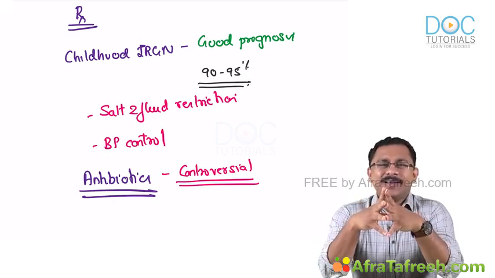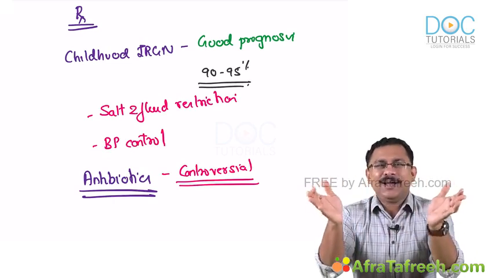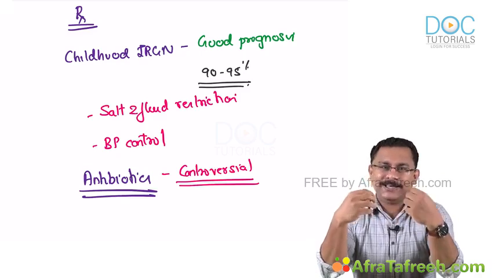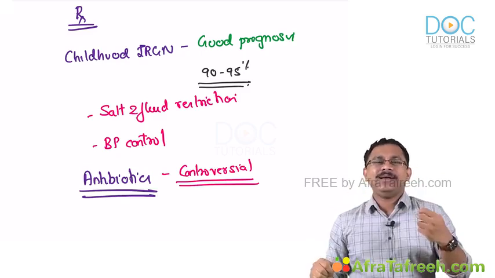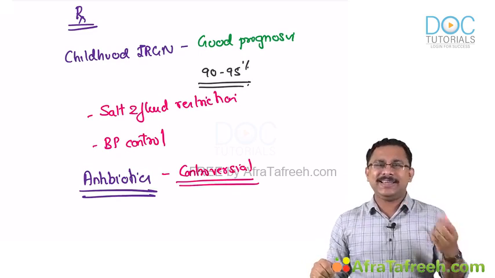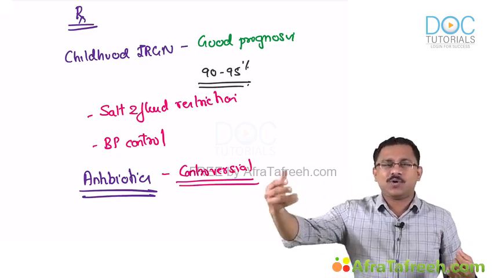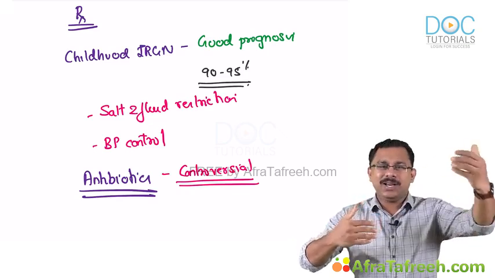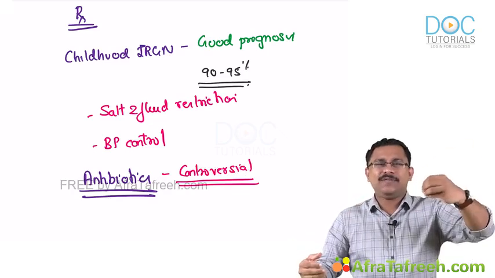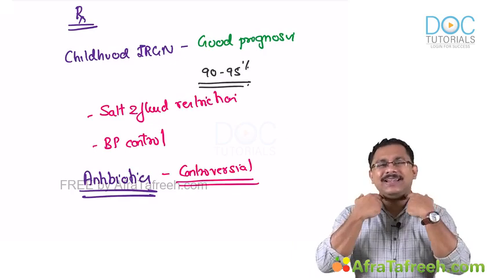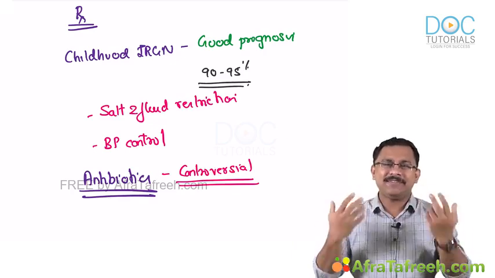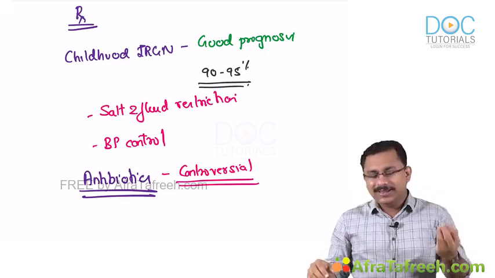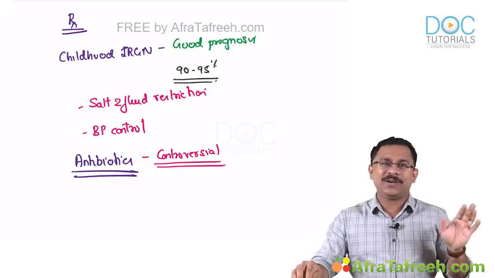Generally we say you can give antibiotics if the infection is persistent. Suppose somebody develops pharyngitis and subsequent post-streptococcal glomerulonephritis, it is usually after a gap of 1 to 3 weeks. So if it is developing after 1 week, he might still have some pharyngitis component. In that case, you can go for antibiotics.